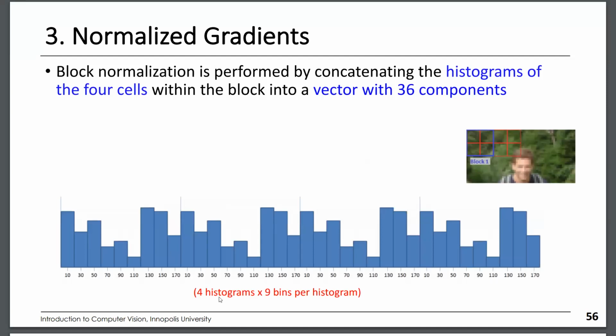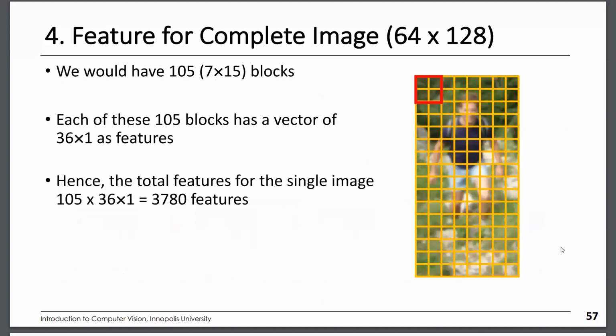After we have these 4 histograms of 9 bins per histogram, here they are, we normalize their gradients, all of them together, and then combine them in order to get this feature for the complete image. So what do we have in the end? We have 105 blocks, which are 15 by 7.